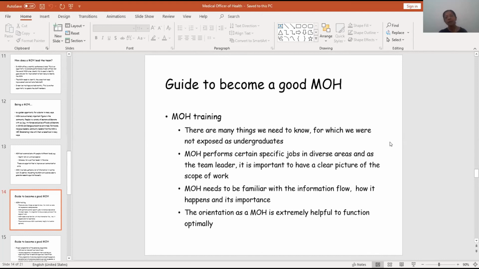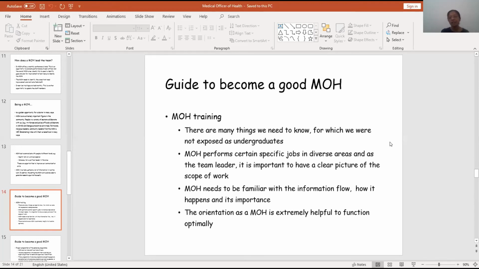As undergraduates, we used to go to the MOH office for 2 weeks and observe what is happening there. But as a medical officer who is going to get the responsibility of an MOH, you have to know a lot of things. MOH performs certain specific jobs in diverse areas and is the team leader. It is important to have a clear picture of the scope of work.